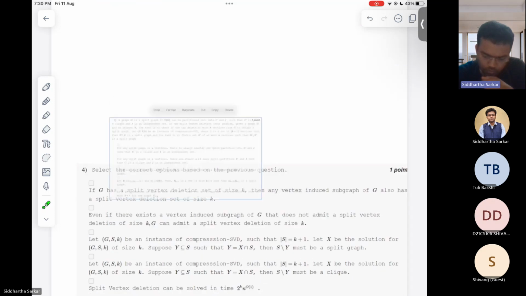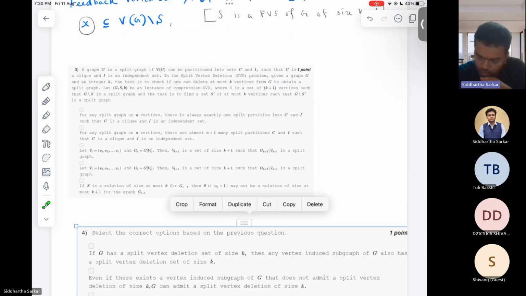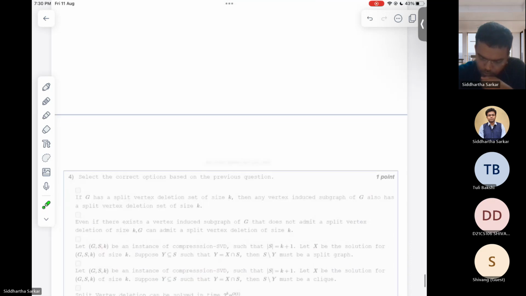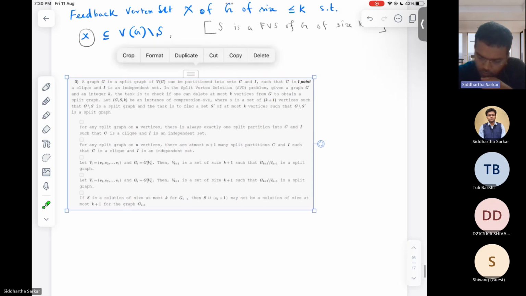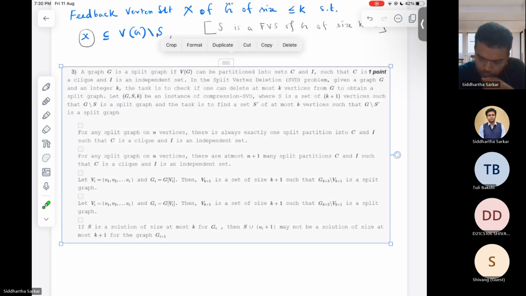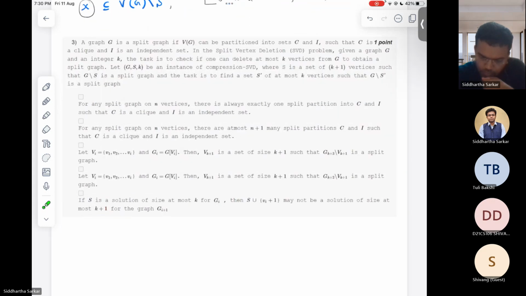So 4 is the continuation of the third question. So I'll just push this thing to the next page. So we are looking at the third question. We may not have time for the fourth question because this question is slightly tricky. But yeah, read it for a minute or so.